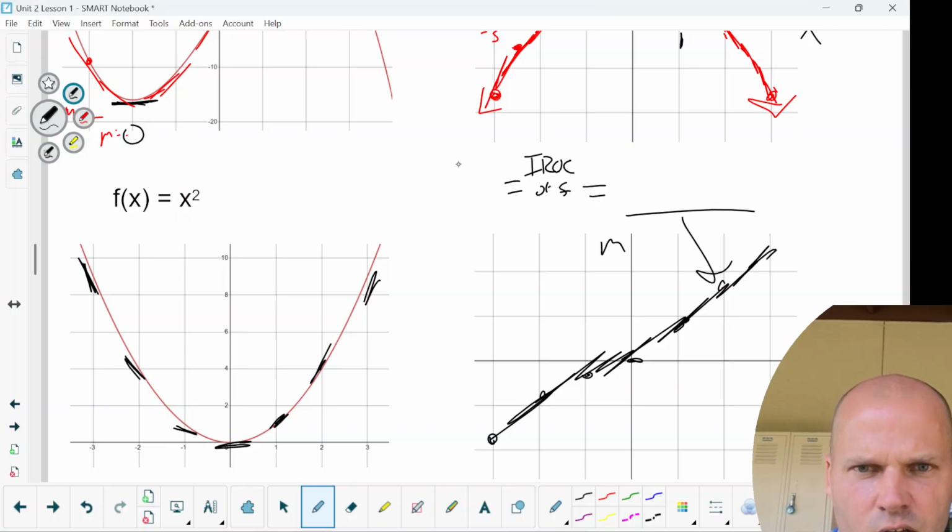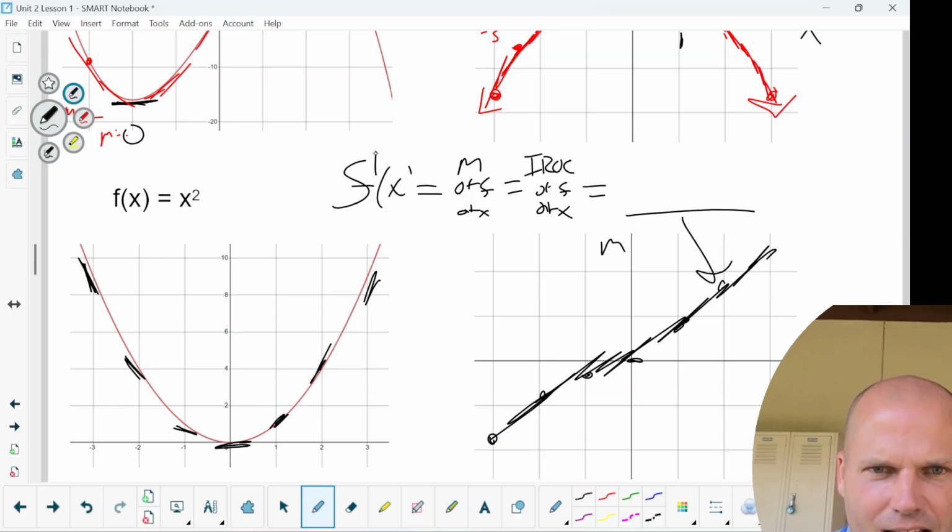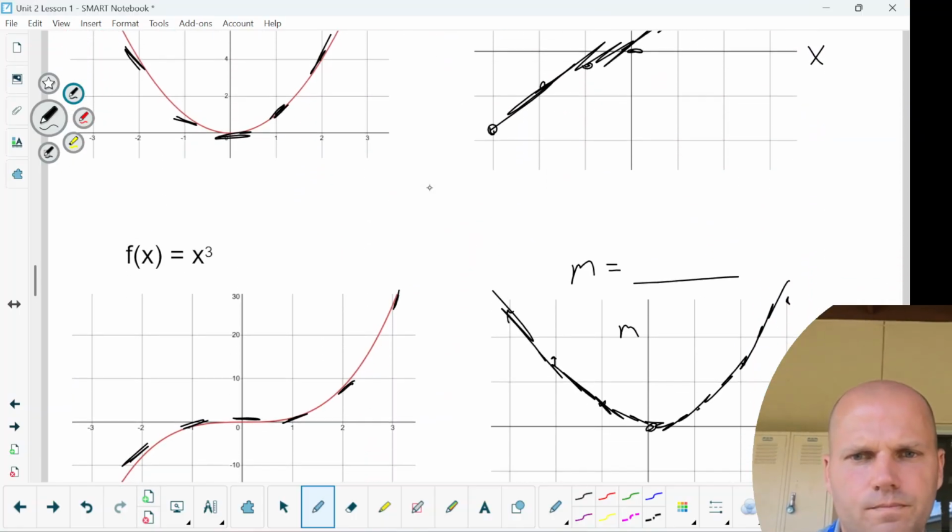Maybe we say the slope of f at x. But rather, we are going to use f prime at x. The derivative of f, which means the slope of the tangent, which means the instantaneous rate of change. Cool?